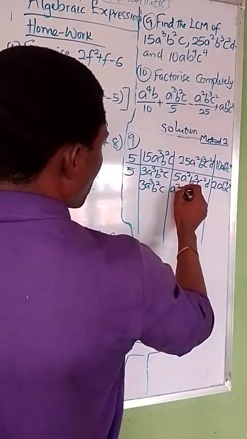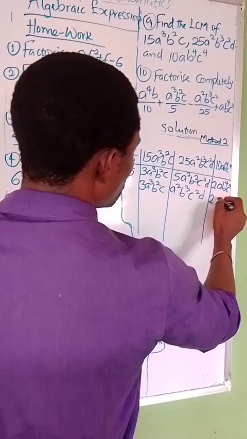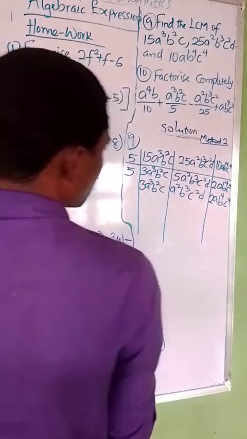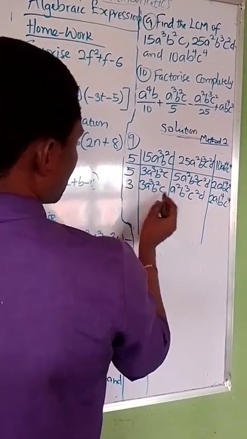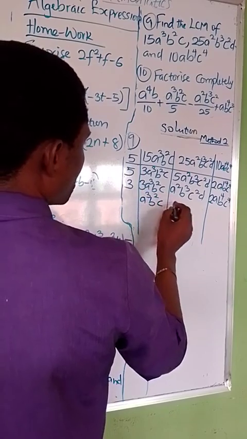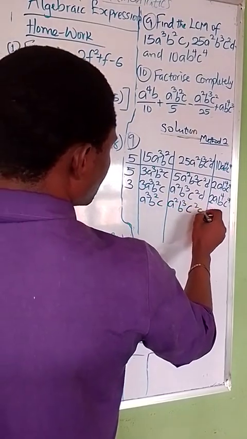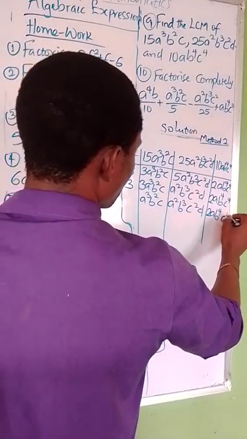Then 2 and 3. Let's pick 3. 3 will factor out 3 here. We have a cubed b squared c, a squared b cubed c squared d, and you have 2ab to the power 4 c to the power 4.